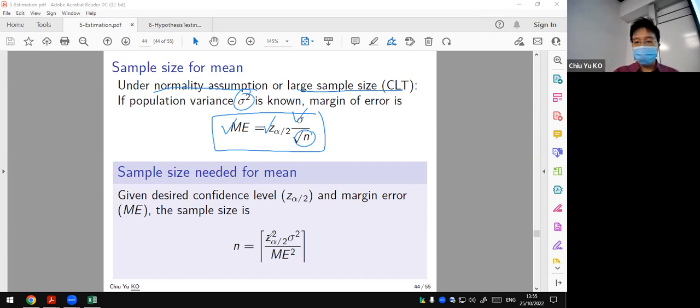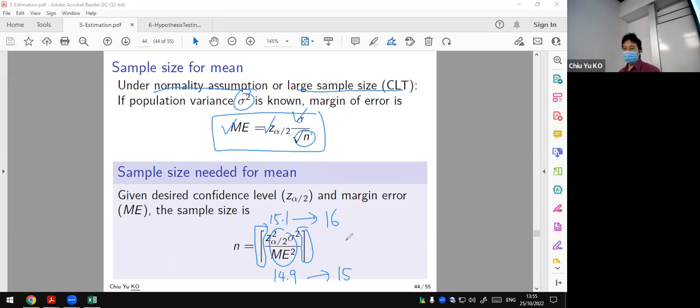And probably you ask why I have this round up thing there. The reason is if this guy turns out to be 14.9, okay? So what you want is you want to have 15, right? If you have 15.1, then you want 16, because it's okay to collect one more.